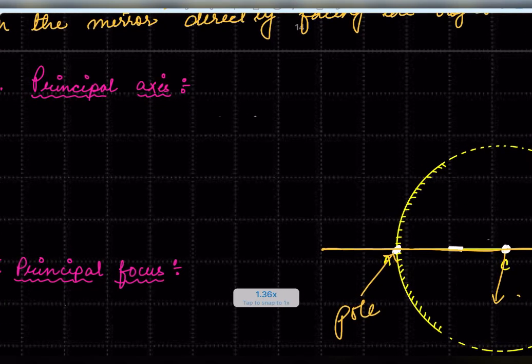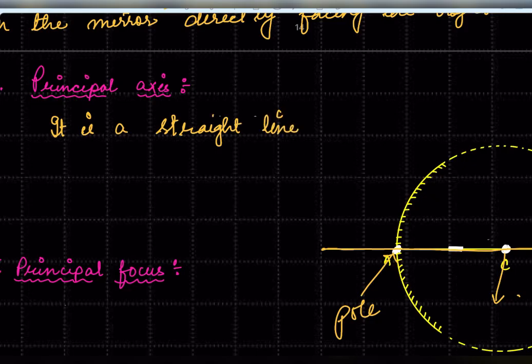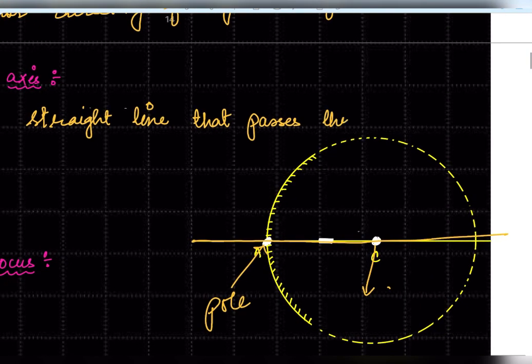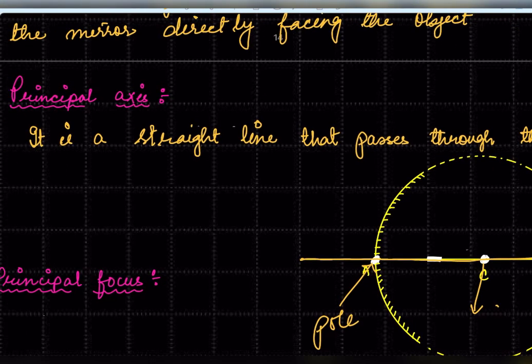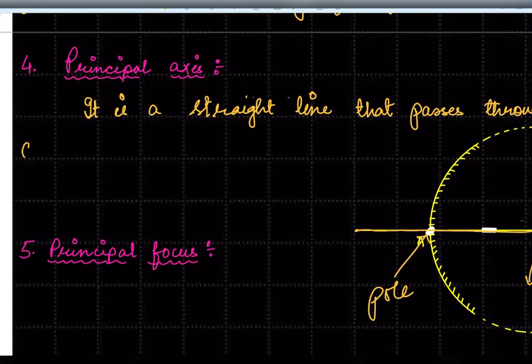Principal axis is a straight line that passes through the center of curvature and pole of the mirror.